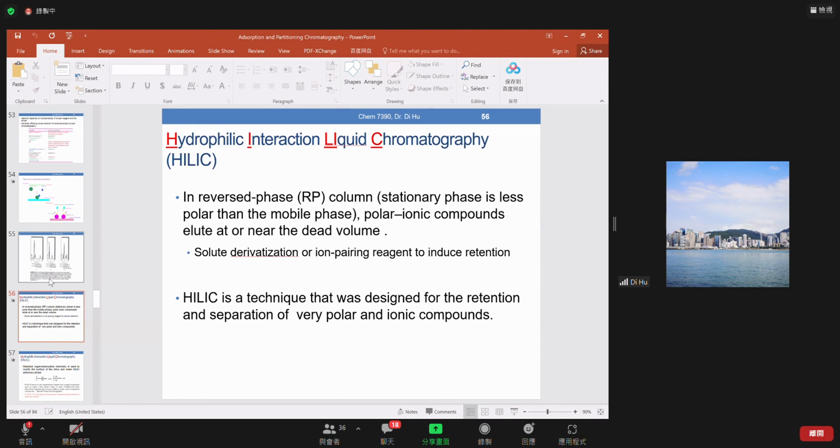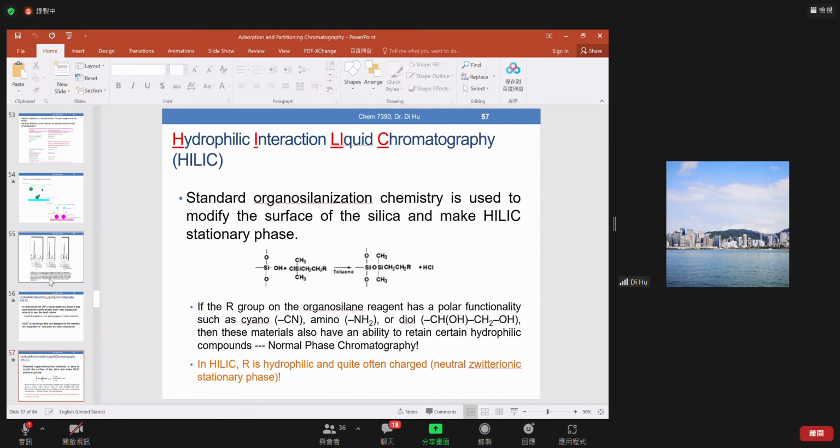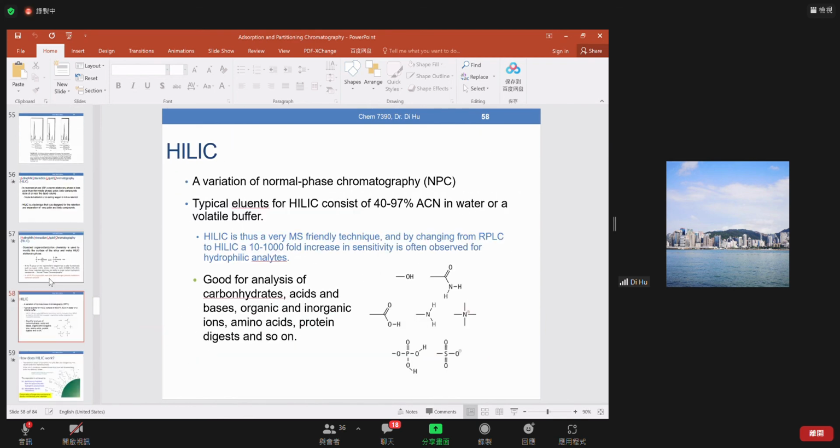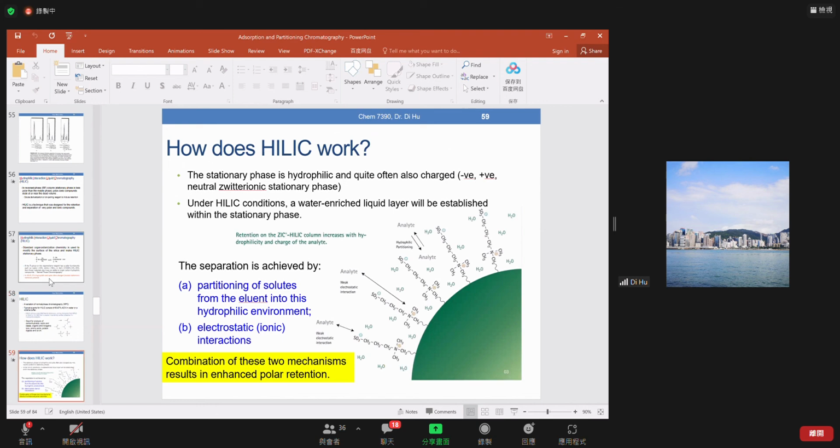And then we talk about another kind of partition, hydrophilic interaction liquid chromatography, HILIC. What is HILIC? Why can HILIC work for polar compounds? What is a typical application for HILIC? How does that work? This one you're supposed to know.